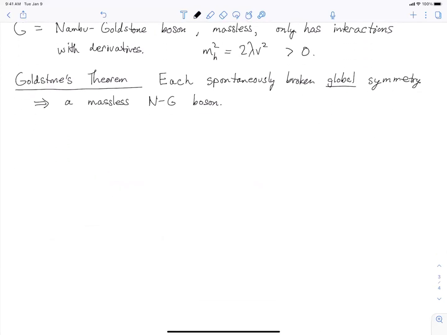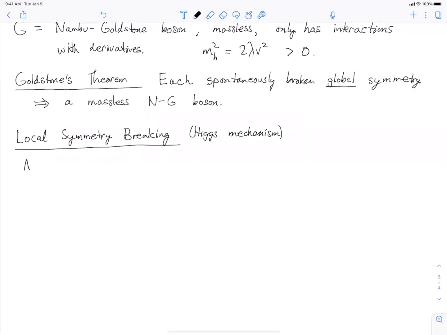Okay, so local symmetry breaking, otherwise known as the Higgs mechanism, applies to gauge symmetries.